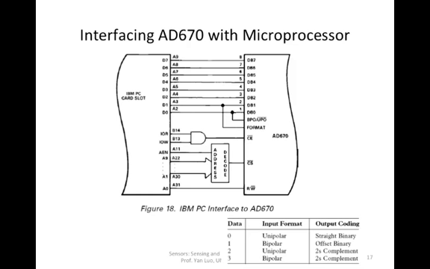In this example, we connect the data bus of this processor system to this data bus of the ADC. Now, in this case, this 8-bit data bus is actually multiplexed. As you can see, you see D0 through D7, but also A2 through A9.